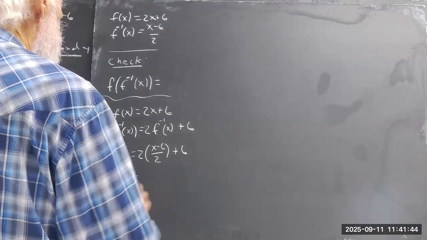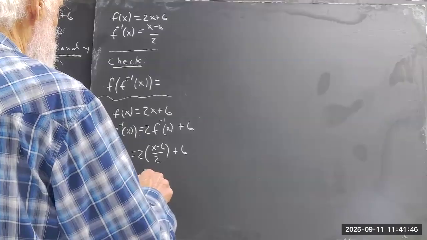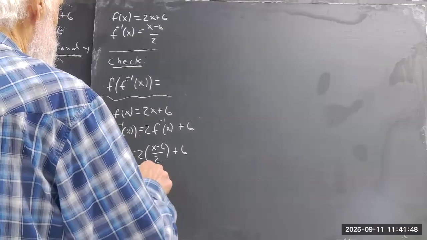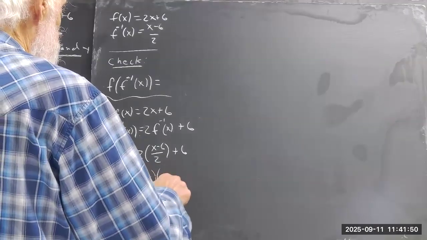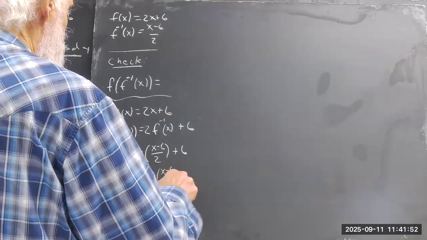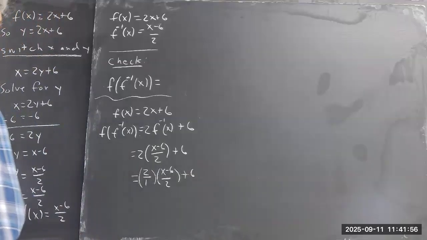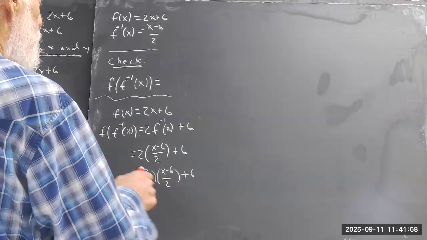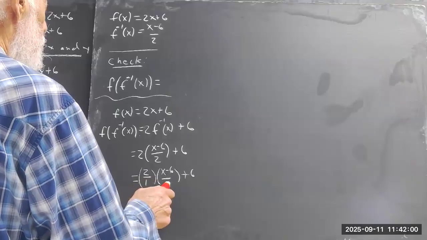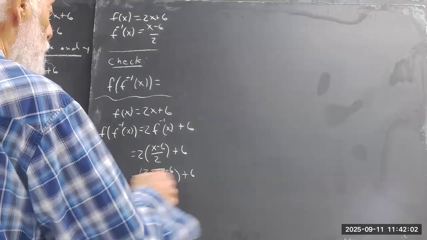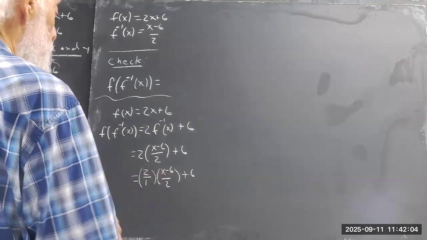And well, I can simplify this. This is a fraction. And I see I've got a 2 in the denominator of this product and a 2 in the numerator.